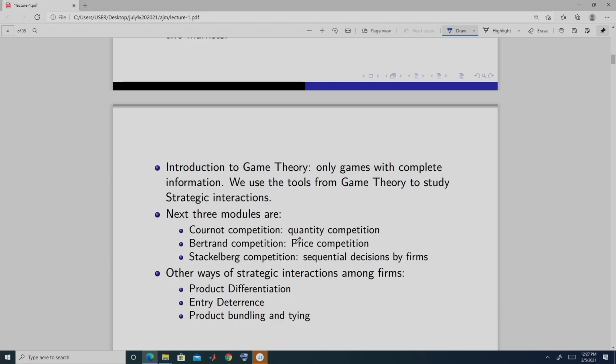Second, in this part is entry deterrence that we are going to study. Entry deterrence is that, suppose there already exists a firm and a new firm wants to enter this market. Now, whether the existing firm will allow this to happen. So they may react in such a way that there may not be any incentive for this new firm to enter this market.